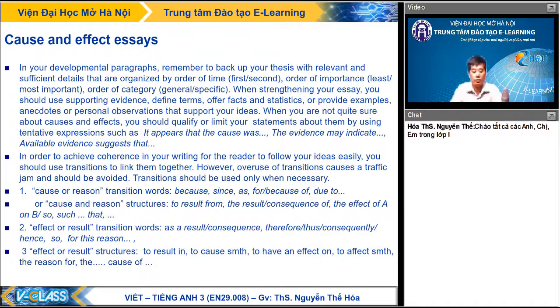Next, we may arrange the ideas in order of importance. You may arrange the least important first, and then move on to the most important one, and vice versa. And also you can mention the ideas in order of category, maybe from general to specific, and maybe from specific to general.